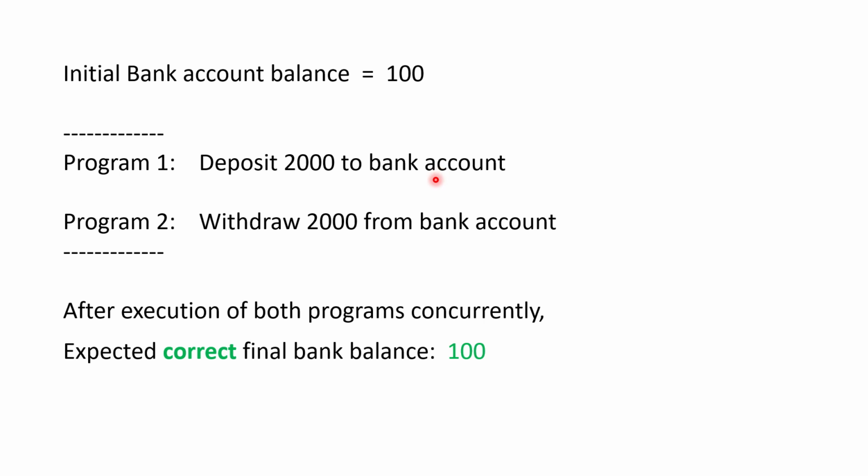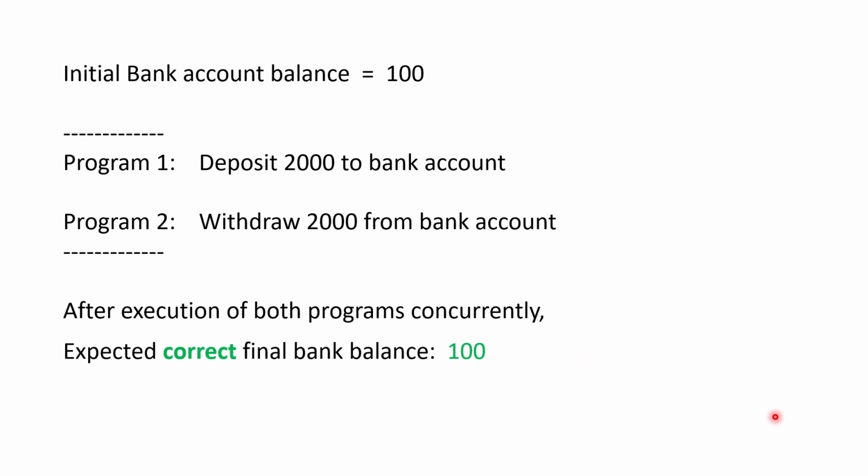Now if you think logically, if I deposit 2000 and if I withdraw 2000, then after the execution of both the programs, no matter concurrently or sequentially, the final value of the bank balance must be 100.